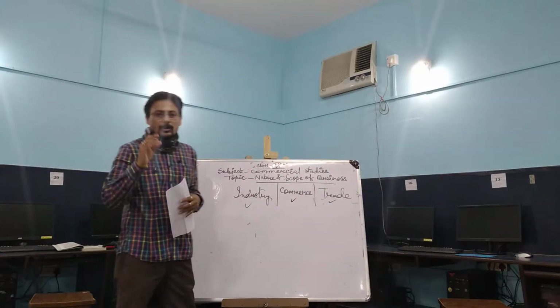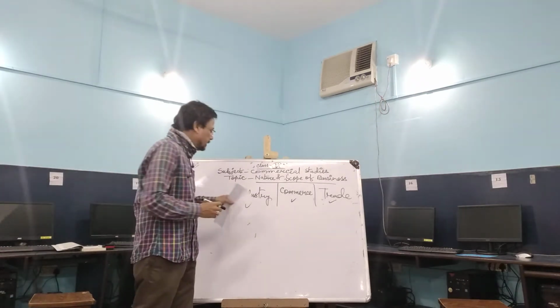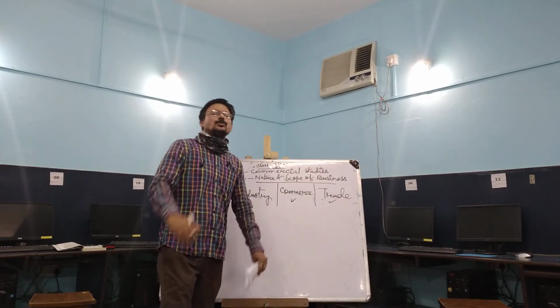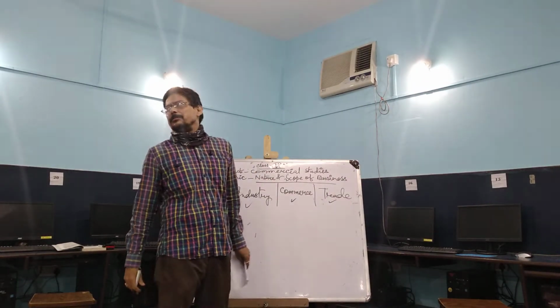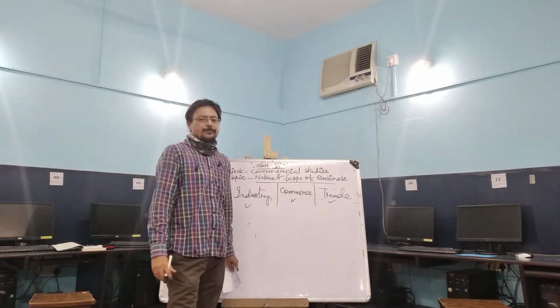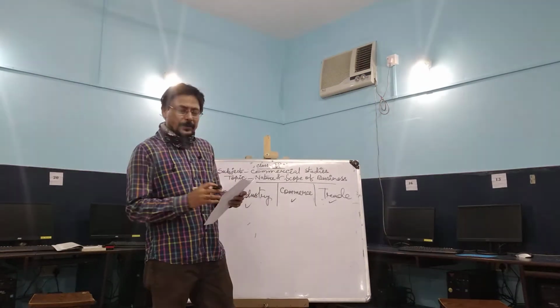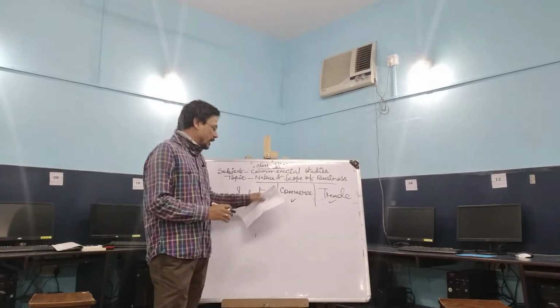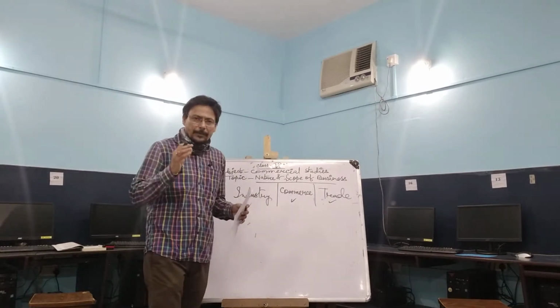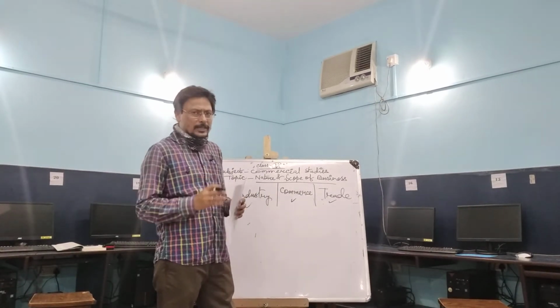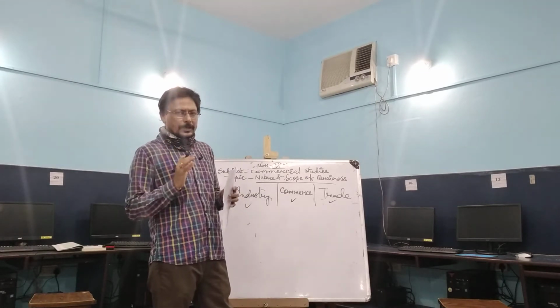Next, I am discussing the capital. In industry, a huge amount of capital is needed. Without it, the business may not run. Clear? So a large amount of capital is included in it. But in case of commerce, huge capital is not required for production, but a smaller amount of capital is required.